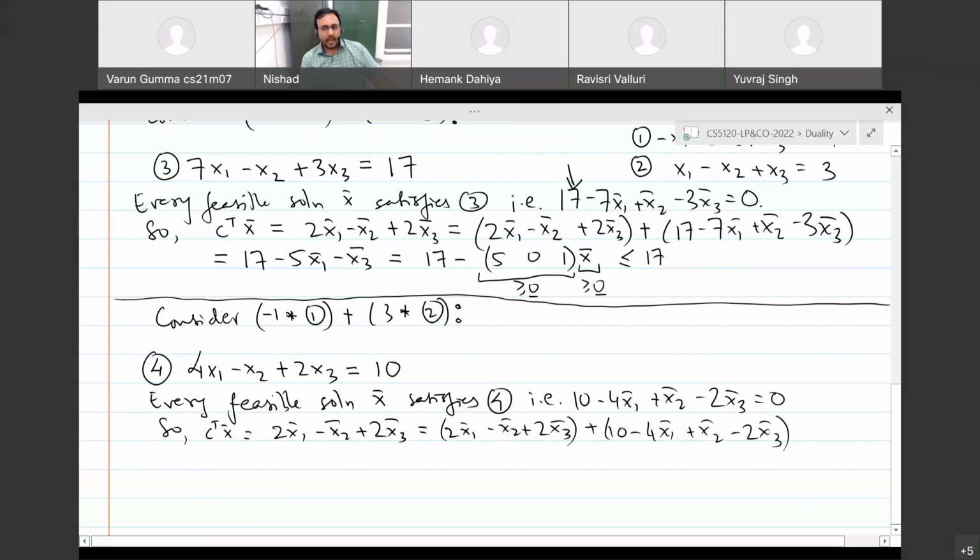Right? And what is this equal to? This is 10, 2 minus 4 minus 2, minus x2 bar plus x2 bar cancels out, 2x3 bar minus 2x3 bar cancels out. So I get exactly this, and I'm going to rewrite this in the following way: 2 0 0 x bar.